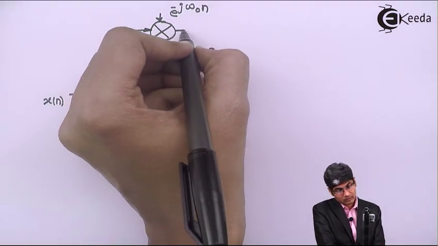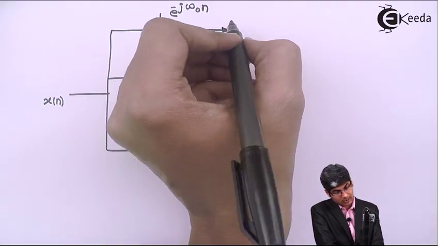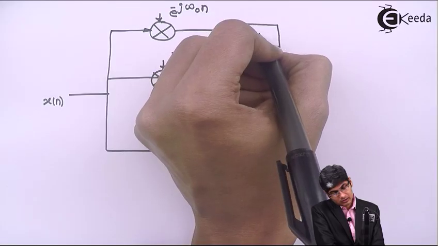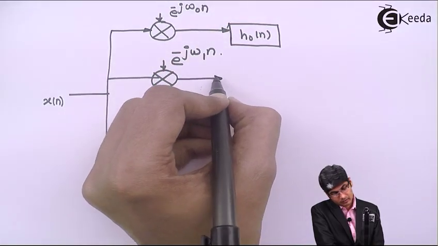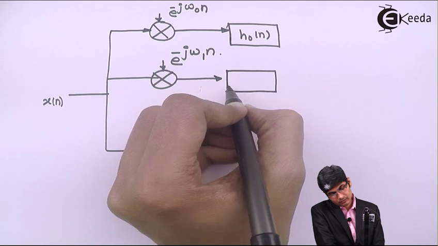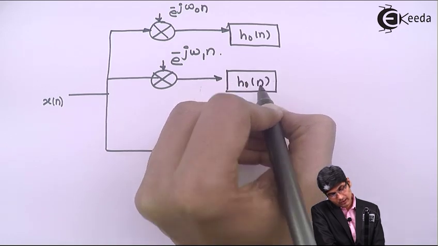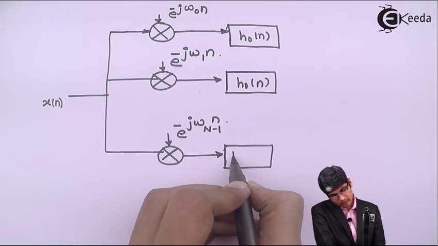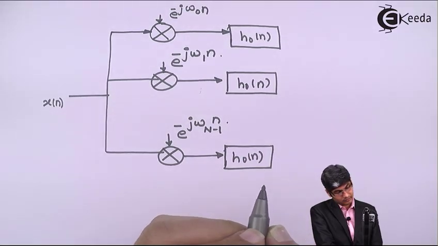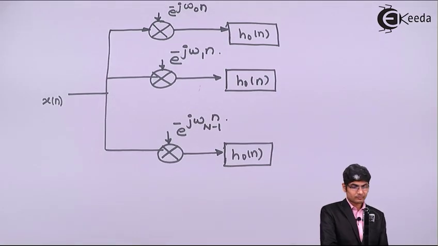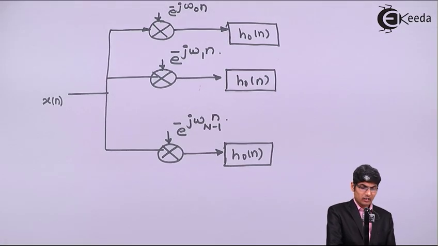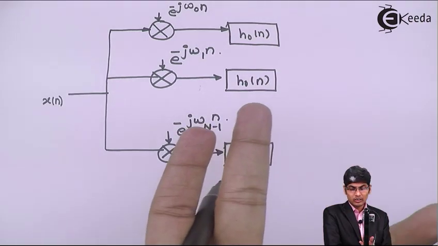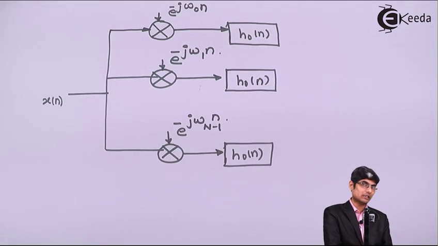Then I will pass them through h0 of n, here also h0 of n, and h0 of n. And then, if you want to decimate, you can apply a decimator. If you want to increment, you can apply an incrementer or something like that.